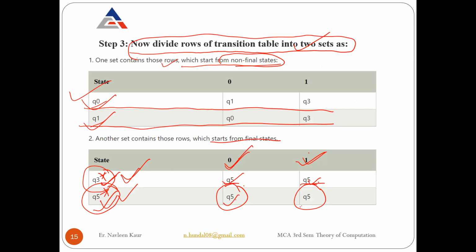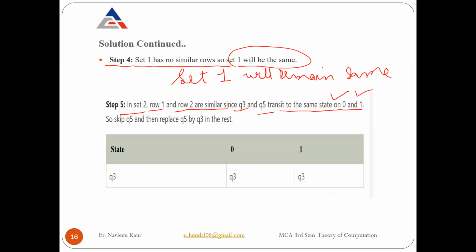Q5 is also transiting to the same state. Here what was the change? Here Q0 on getting 0 goes to Q1, on getting 1 it goes to Q3. But here, for 0 and 1, they both go to the same state. So skip Q5 and then replace Q5 by Q3 in the rest.